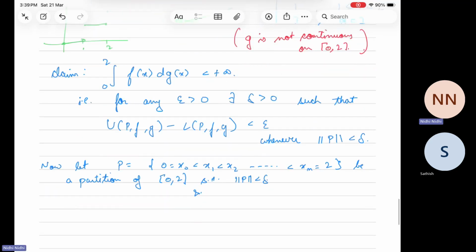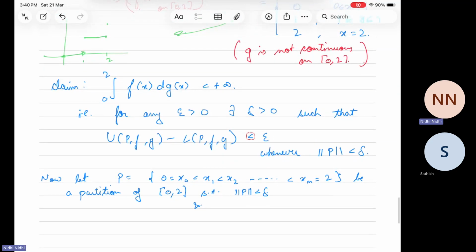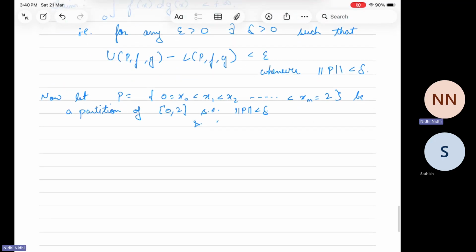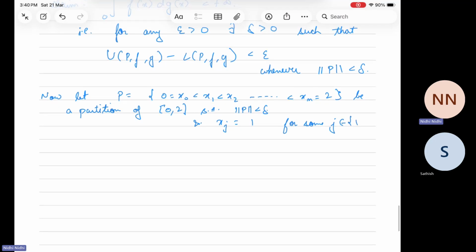So I can always cook up such a partition. All I need to take care of is the fact that this point 1 is taken in the partition and 0 and 2 are always in the partition. I can make it as fine as I want. And some jth element is equal to 1 for some j. Obviously j is not equal to 0, so we can start it from 1 to n minus 1.